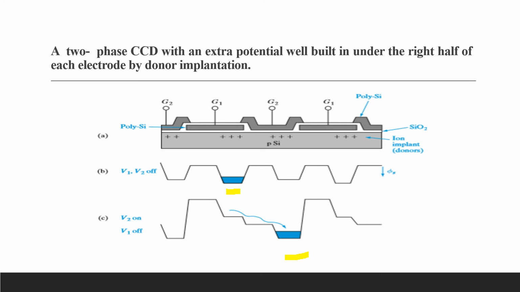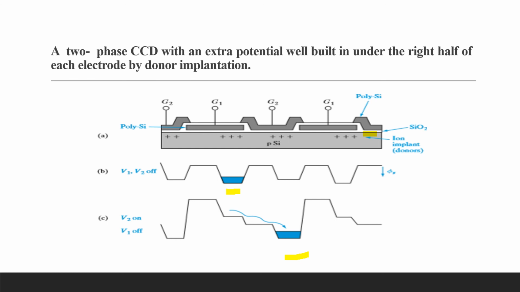So we have discussed three structures of CCD. Here you can see the silicon is the substrate, and then you have an insulating layer, silicon dioxide.